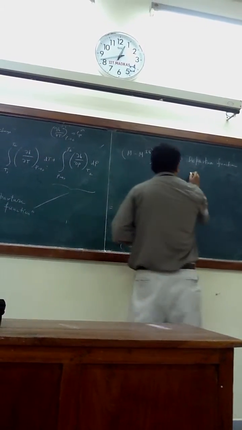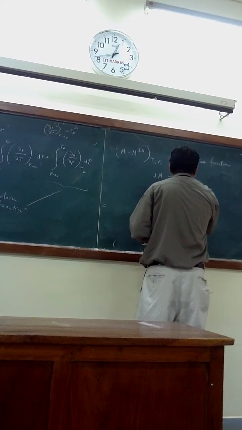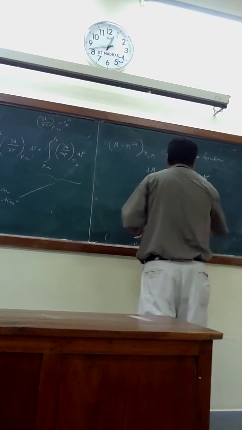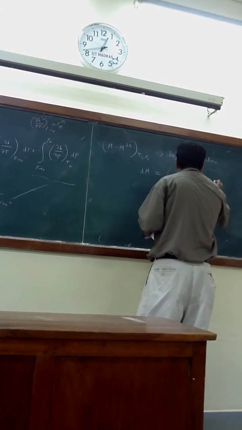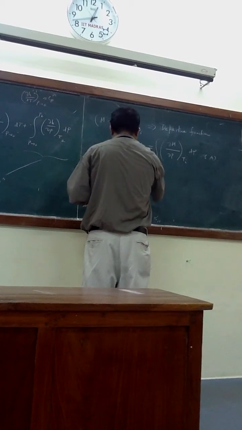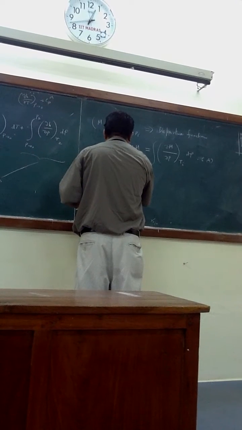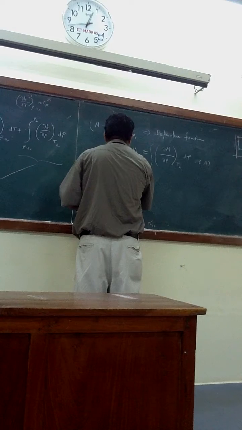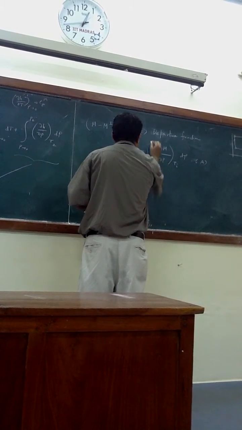It is nothing but dou M by dou P at T dP, equation number A. If you integrate, temperature is constant, I am just doing for you, P equals 0 to P.